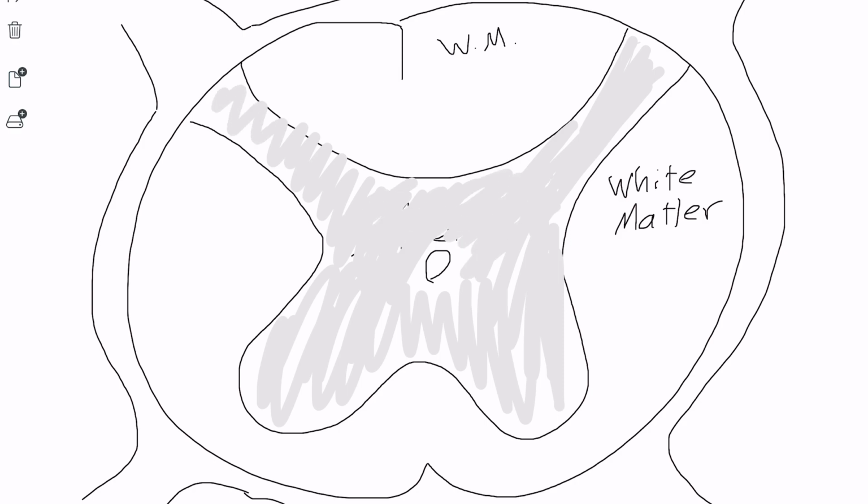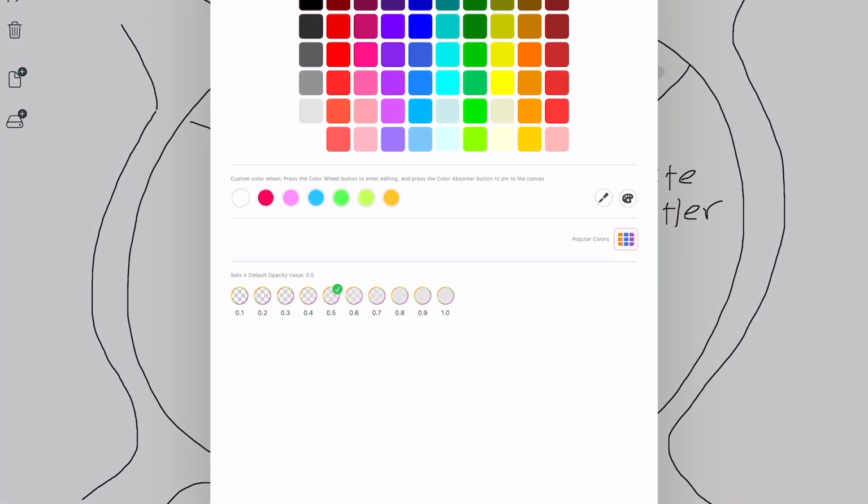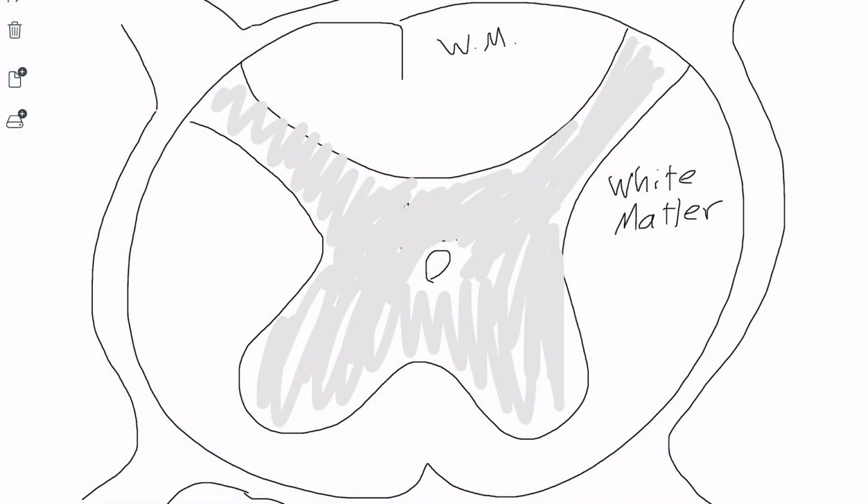I'll draw that again. Okay. And we'll switch back to black. And just so you don't forget, it's a little too skinny. Gray matter. Okay, excellent.